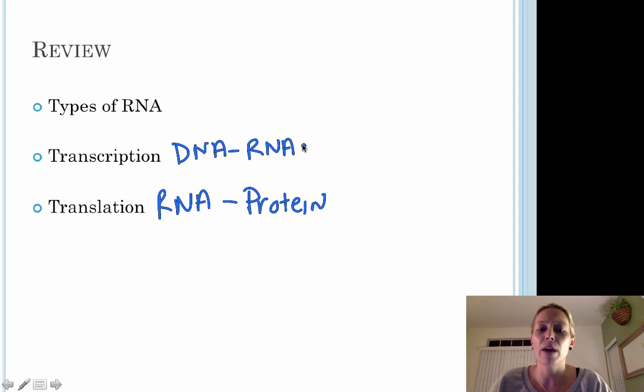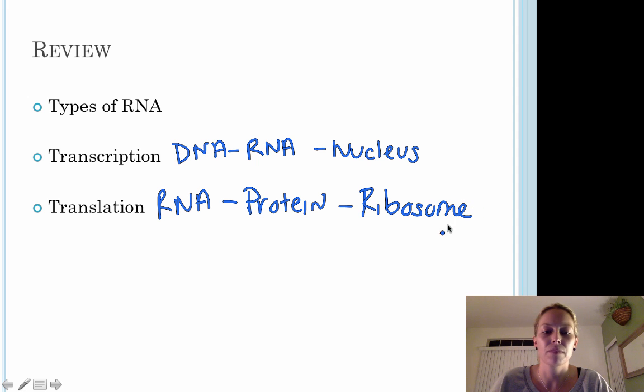You should know where transcription takes place: in the nucleus. And you should also know where translation takes place: at the ribosome, in the cytoplasm. Make sure you know this information.